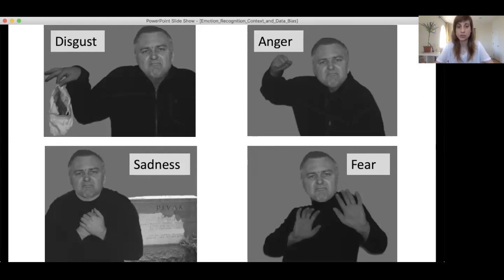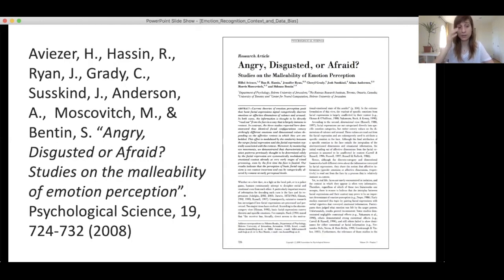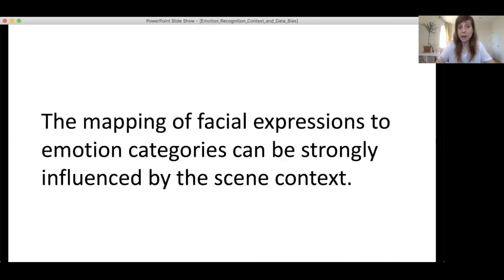And actually the studies show that people perceive different emotions from the exact same facial expression. So I recommend this reading, it's very interesting. There are more studies like this one that basically show that the mapping of facial expressions to emotion categories can be strongly influenced by the context.